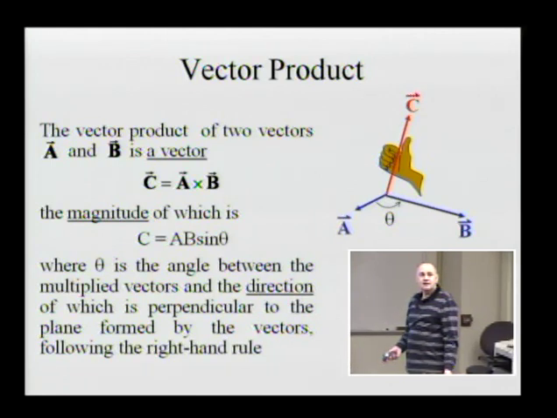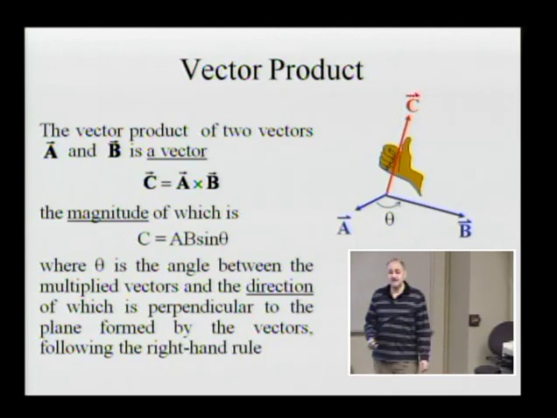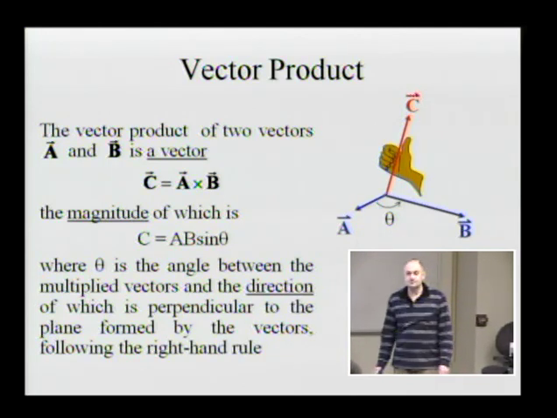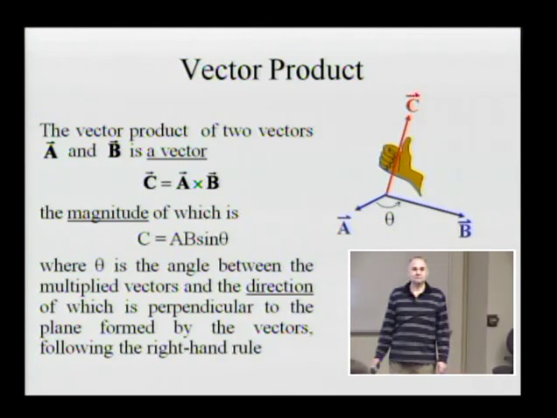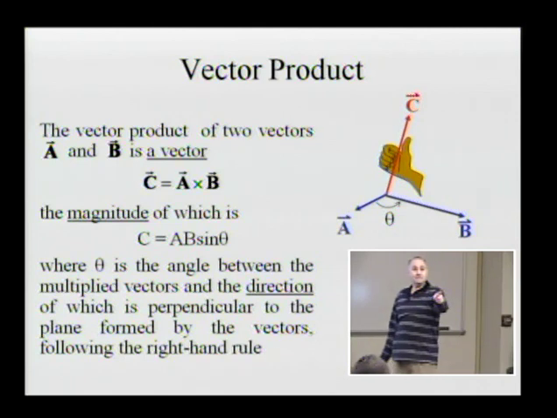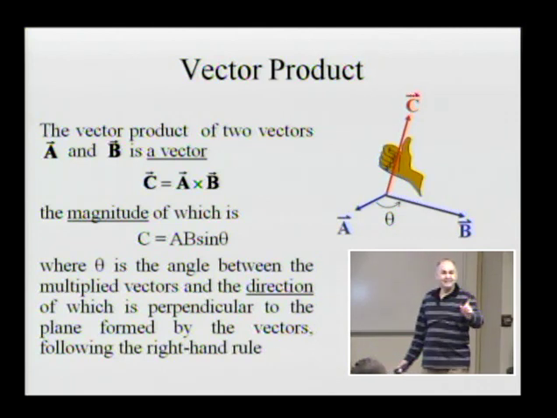Let's multiply. Why don't we multiply now j and k? Multiply vector j and k. It will be vector i, correct?